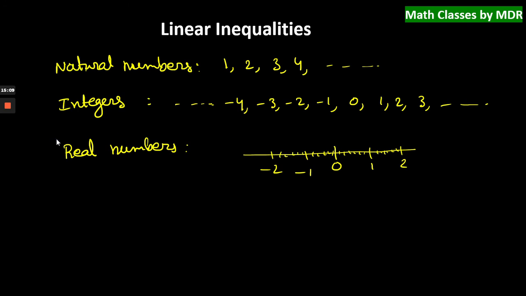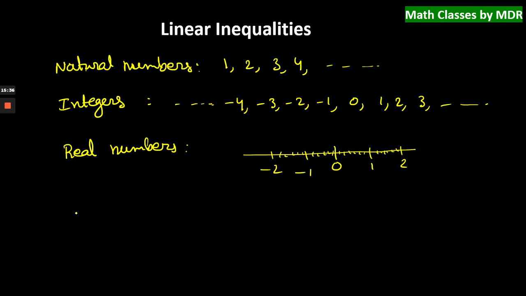That means 1.1, 1.2, 1.25, pi, root 2, all these are real numbers. Root 2 and pi are irrational numbers, right? So they are also real numbers. 1.2, 1.5, 1.8, 1.3 bar, all these are real numbers. Any irrational number is a real number, including natural numbers and integers, right?